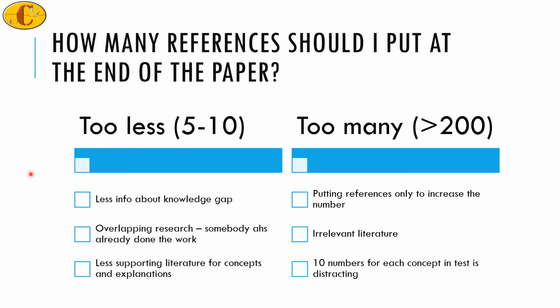The third is that when we write a document, the references are put after each concept in numbers. Sometimes names of the authors are put. So if you have more than 10 numbers for each concept, then the actual material written is less than the number of references. So that can get a bit distracting for the reader.